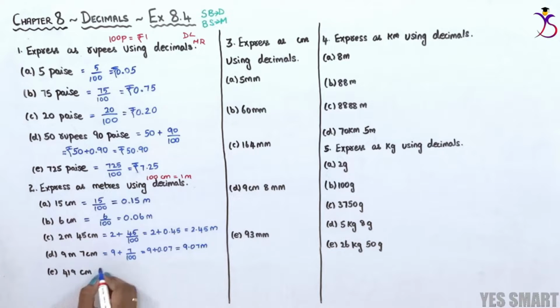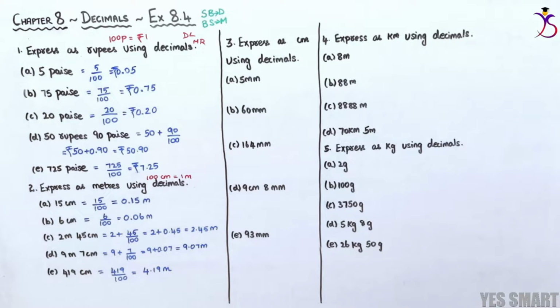So the fifth sum, 419 centimeter. Let's convert it to meter. 419 divided by 100. We have two zeros, so the decimal point has to be moved two places. After the right hand side of 9, it comes between 1 and 9, then it goes between 4 and 1. Hence, the answer is 4.19 meter.